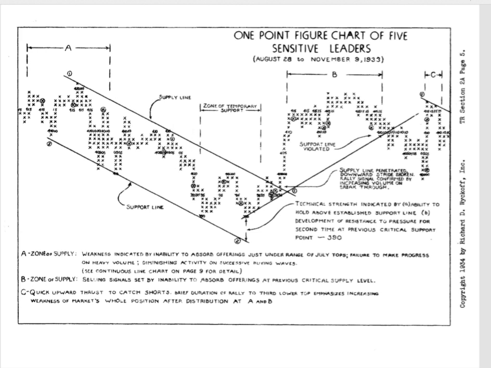Someone had once said that you cannot use lines on point and figure because the element of time is not on point and figure, and trend lines should not be used on point and figure because there's no time factor. Obviously, you see that's not the case, as Wyckoff used point and figure and trend lines. Just clearly see that. So this thing is going down. You have a support line and you have a supply line or resistance line or whatever you want to call it, and eventually this is your zone of temporary support.